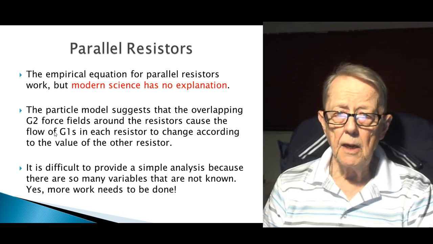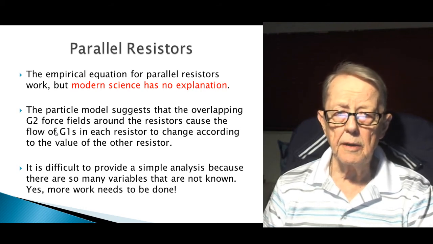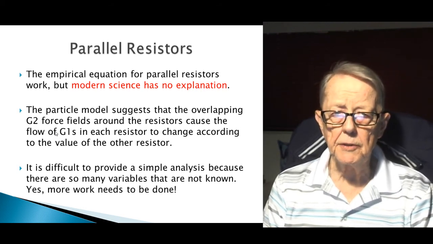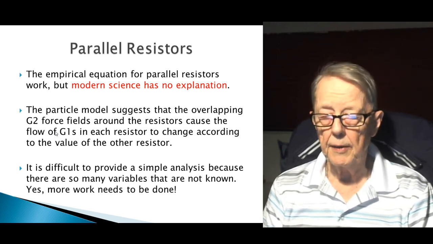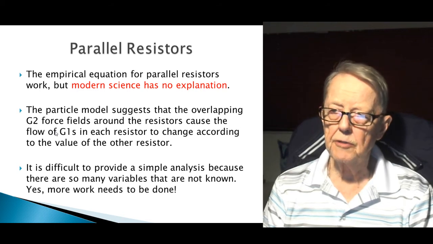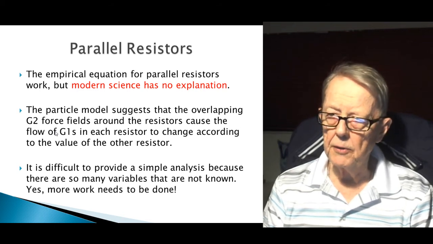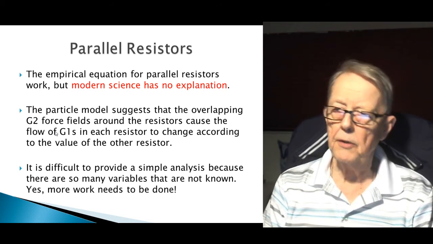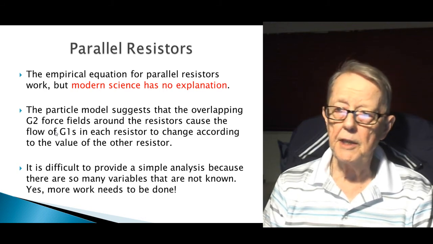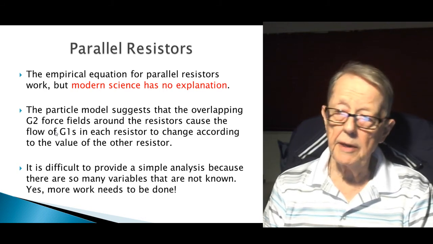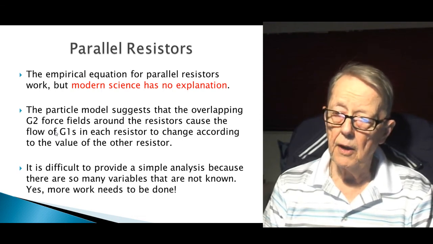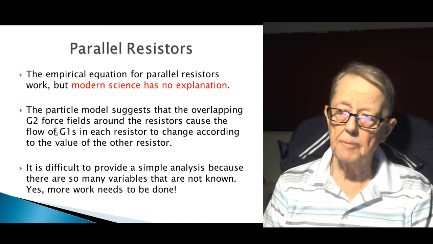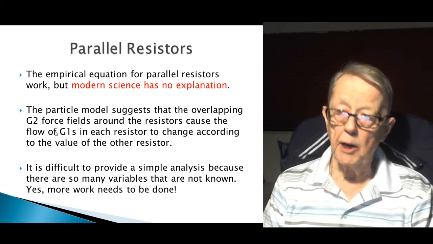Okay, so in summary, the empirical equation for parallel resistors works. It's called empirical because it's derived from data. You measure voltage across the resistance, you measure current through it, and you can see that every time you do it, it's this way, and so they play around with Ohm's law, Ampere's law, and they come up with that equation.